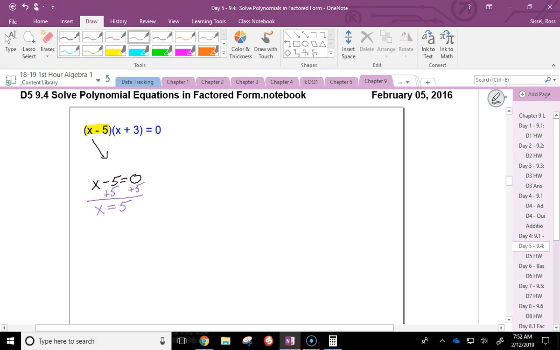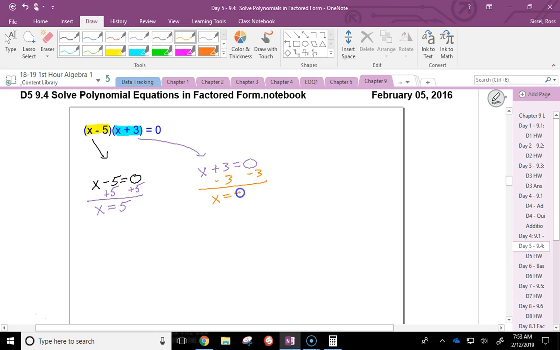Okay? We're going to take our second equation, x plus 3, the other number that was being multiplied. I'm going to move it over here, and we're setting that equal to 0. In that case, x would equal -3. We subtract our 3 from both sides.